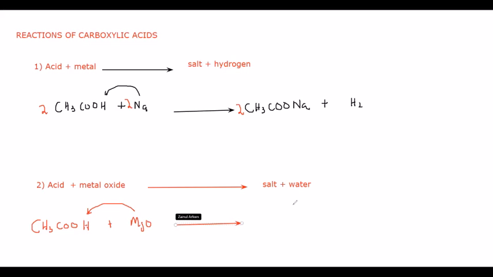Magnesium is a group 2 element, so the valency is plus 2, so that's why (CH3COO)2Mg will be there. These are displacement reactions.